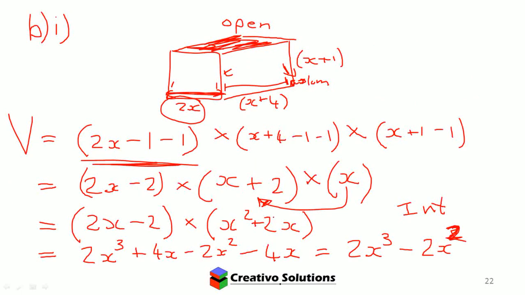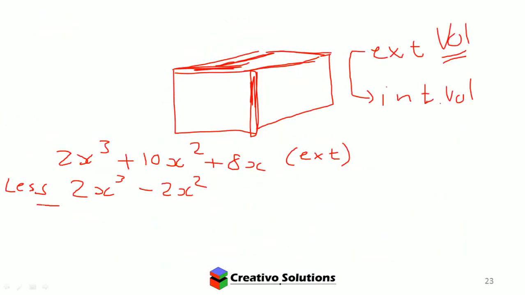That's what I've got there, and those 4s cancelled because we had a plus 4 there and a minus 4 there. Great. So if I subtract these two amounts, 2x cubed minus 2x cubed is 0. 10x squared minus 2x squared is 8x squared, and 8x plus nothing would be 8x, and that's what I would be left with.